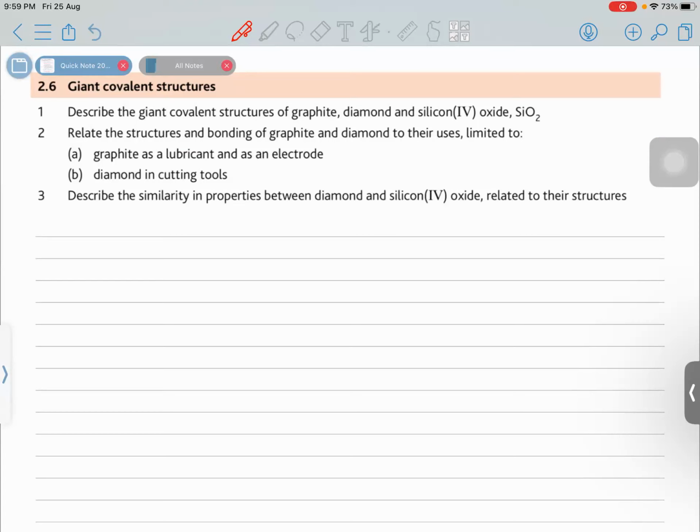A giant covalent bond. I am asking, can anyone tell me the structure of graphite, diamond and silicon dioxide? I don't know, sir. How can we draw the structure of graphite? Now look at the structure of graphite, right?